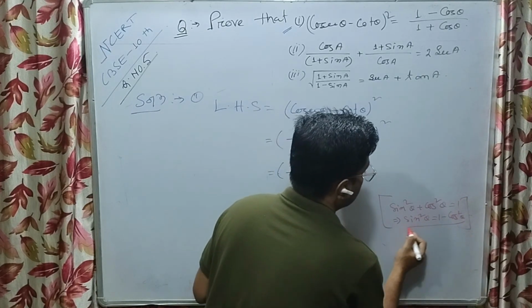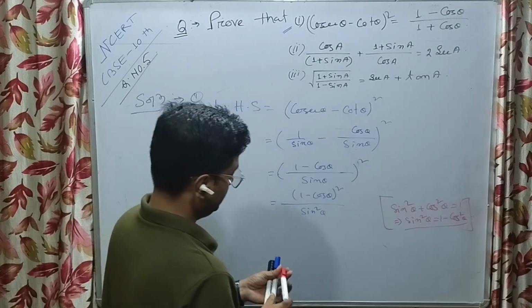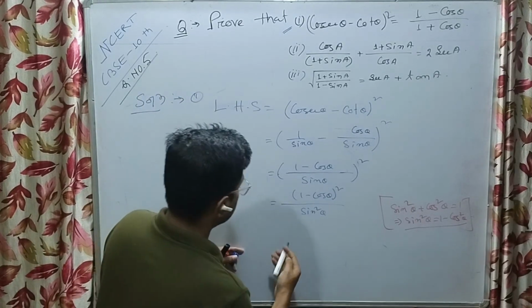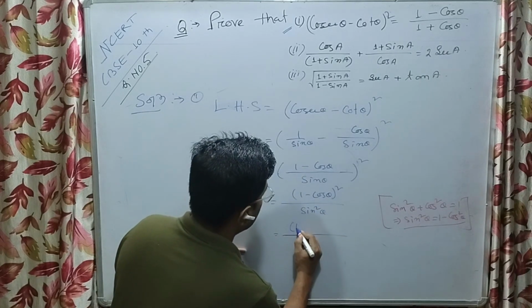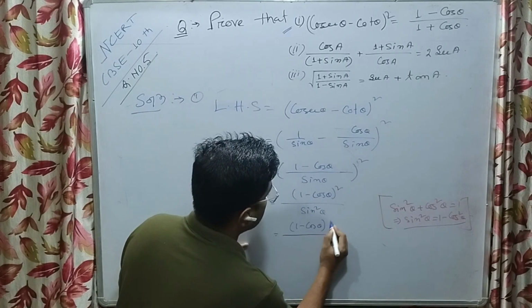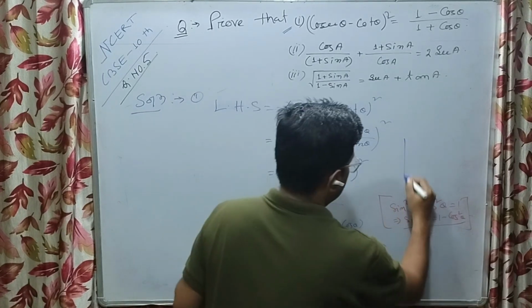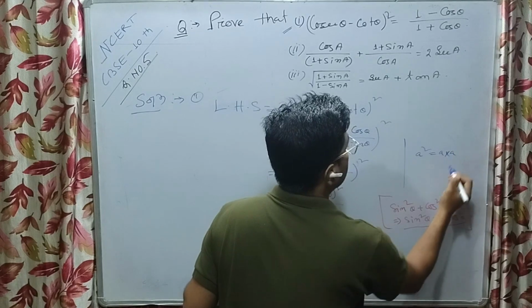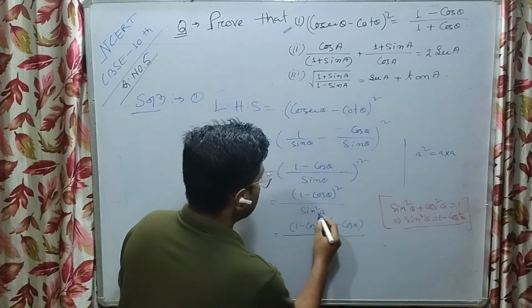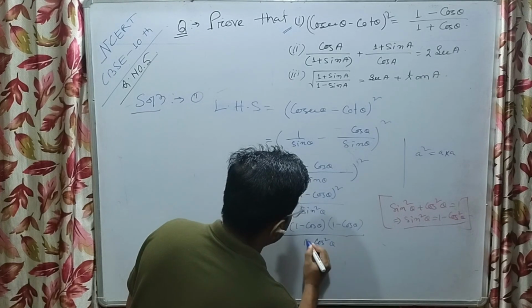So I can write, in place of sin square theta, 1 minus cos square theta. See, 1 minus cos theta whole square is equal to 1 minus cos theta into 1 minus cos theta, because a square is equal to a into a, and sin square theta is equal to 1 minus cos square theta.